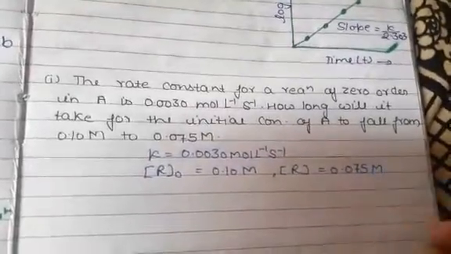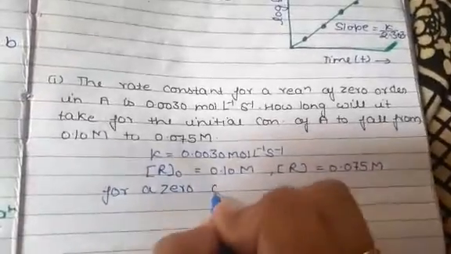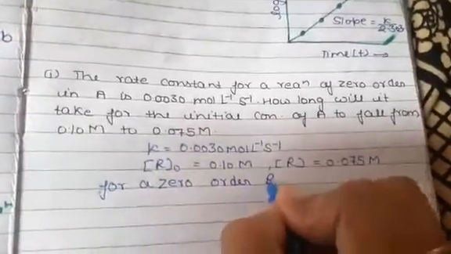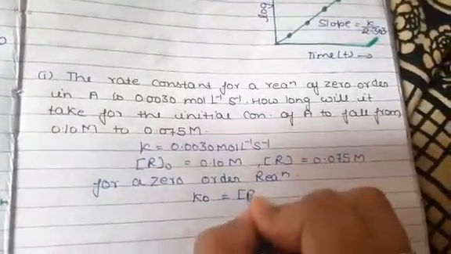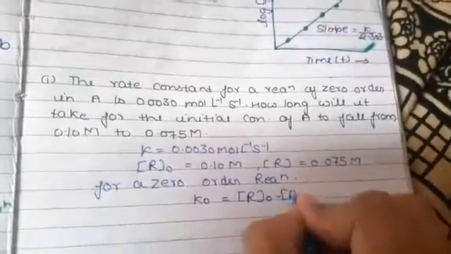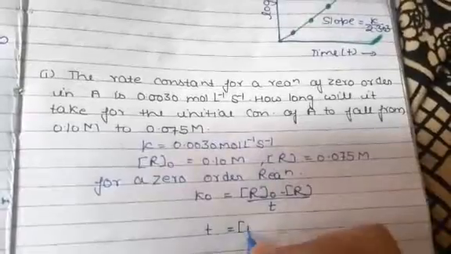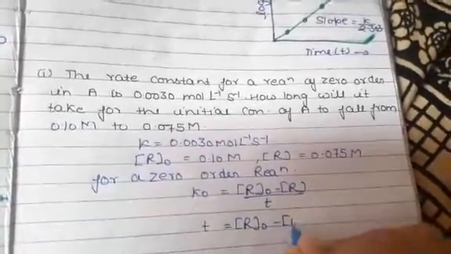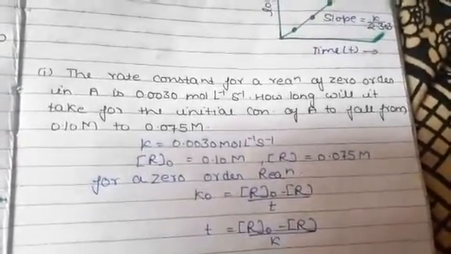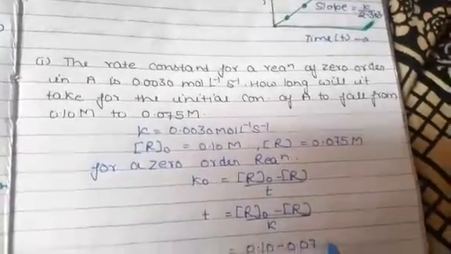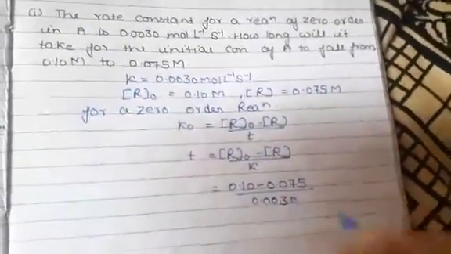And R equals 0.075 M. Students, we know for a zero order reaction, K0 equals (R0 minus R) upon small t, and small t equals (R0 minus R) upon K. This is 0.10 minus 0.075 upon 0.0030.